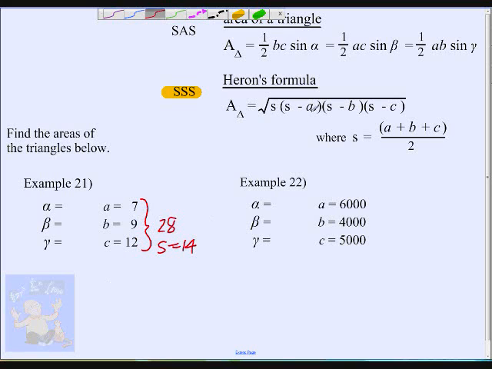So what I get for the product here is 14 times, I'm going to subtract A from 14, then I'm going to subtract B from 14, and then I'm going to subtract C from 14.